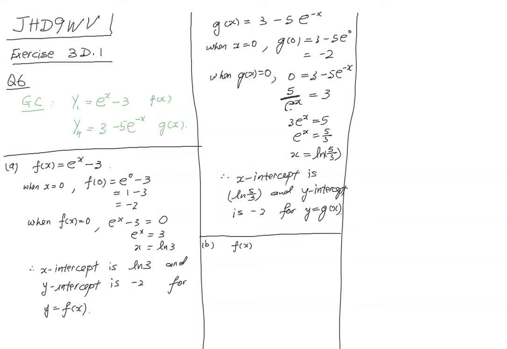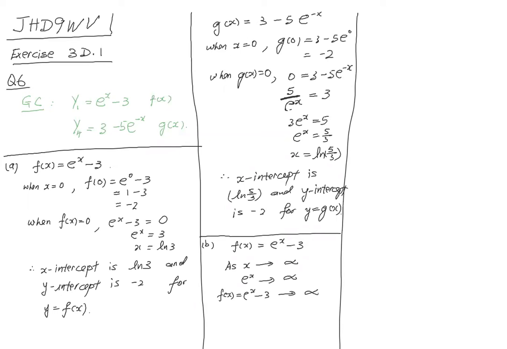What should I write first? You have to write this first: as x approaches infinity, e power x approaches infinity. Then e power x minus 3 approaches infinity.